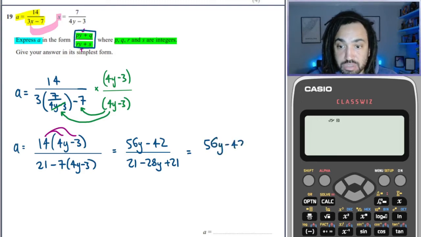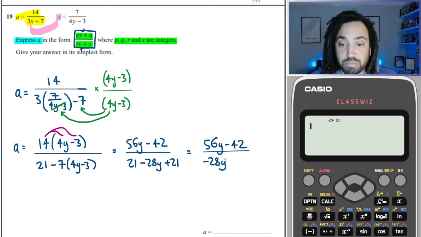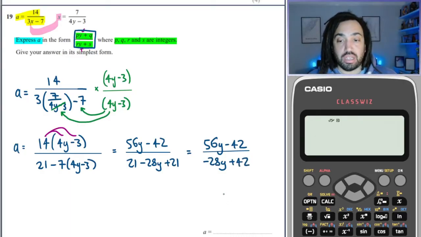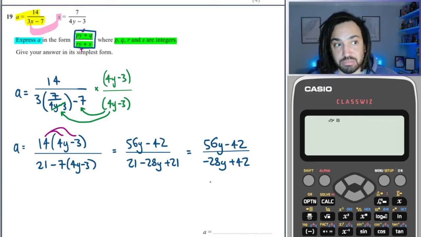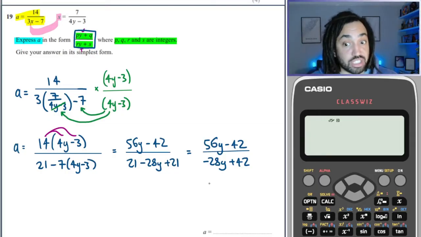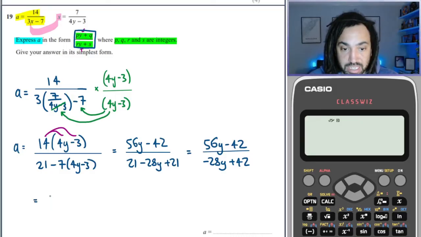56y minus 42 all over minus 28y, and then 21 plus 21 is plus 42. Okay, now this can simplify further because we can factorise the top and we can factorise the bottom. And if you can factorise, then there's a chance you can simplify. So what can we take out of the top? We can take out a 14 in fact.